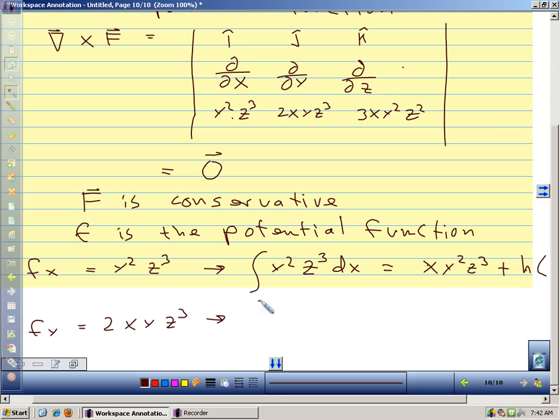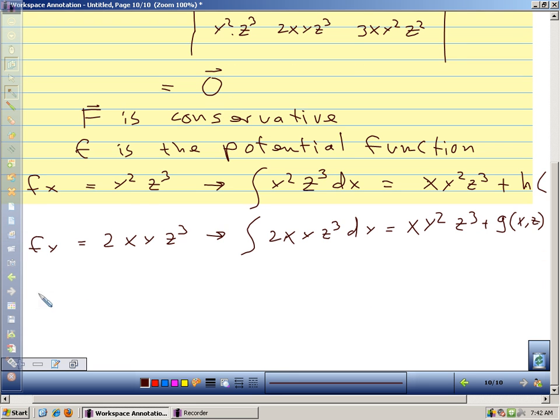So we get the integral of 2xyz cubed dy, and that gives us xy squared z cubed plus some function of x and z, which is constant with respect to y. And our final equation, our partial with respect to z, has to equal 3xy squared z squared.